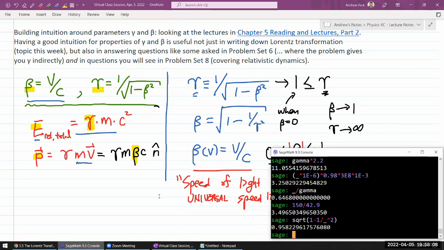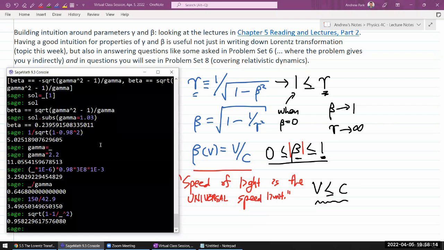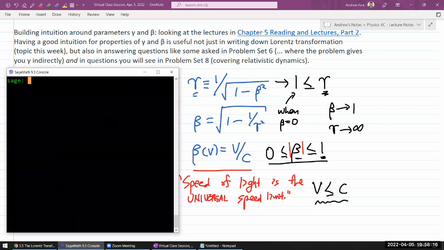Let me see if I can plot this. Your textbook has a version of this plot. So let me declare my variable, beta.